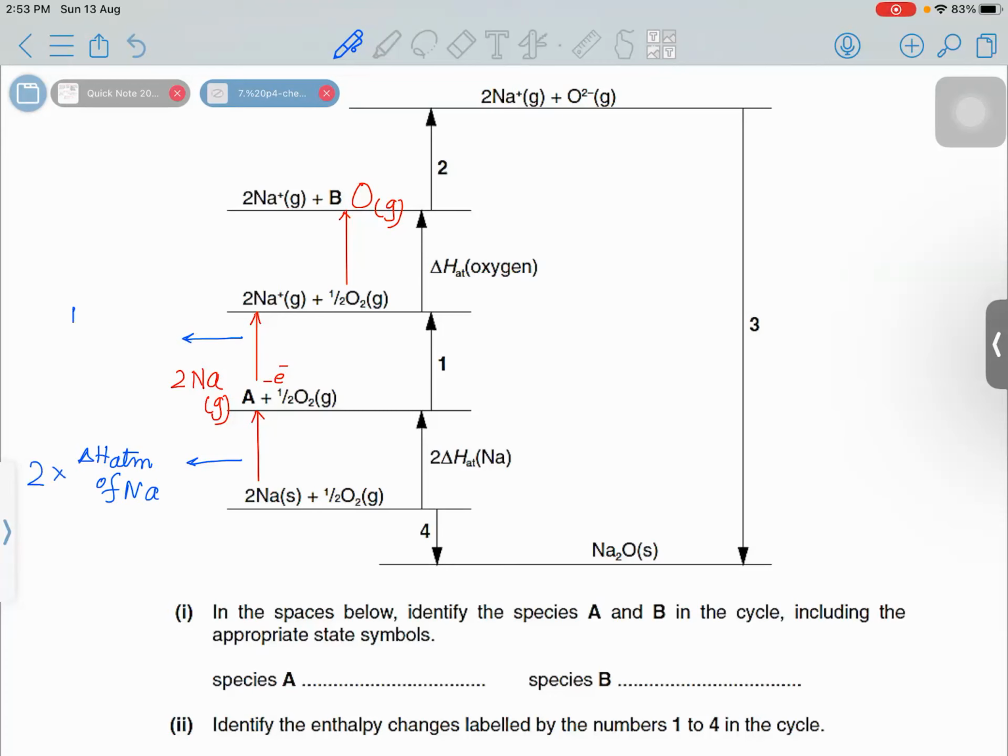And this is the ionization energy of sodium, but again 2 times. This is atomization of oxygen.